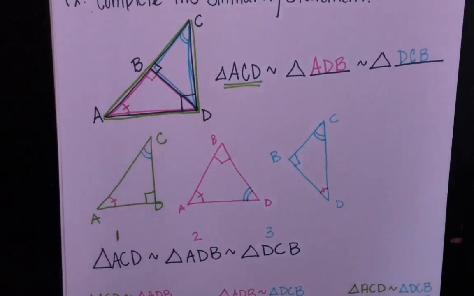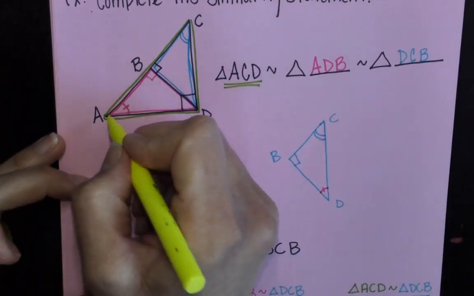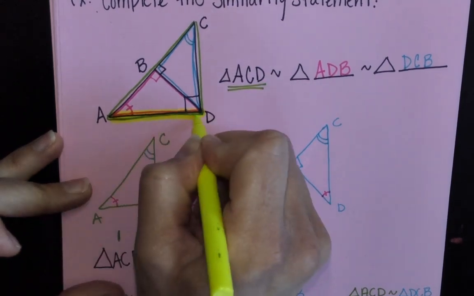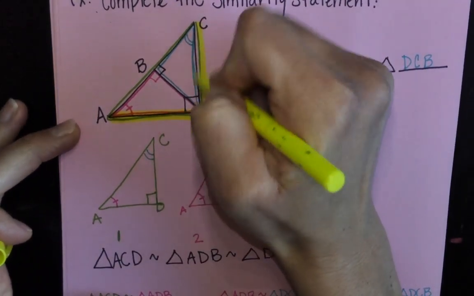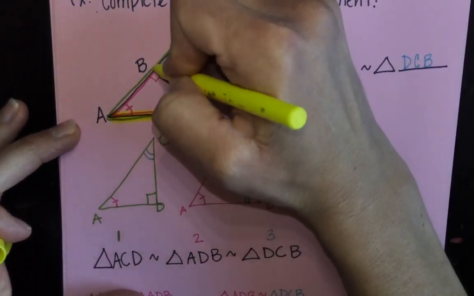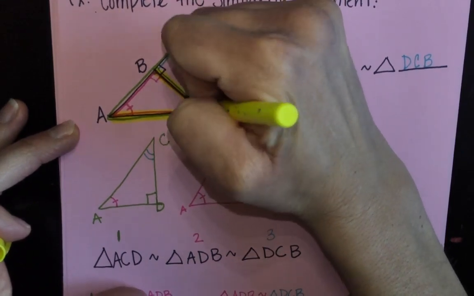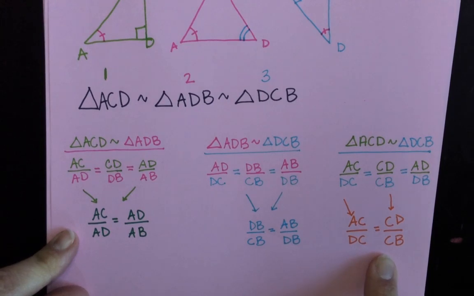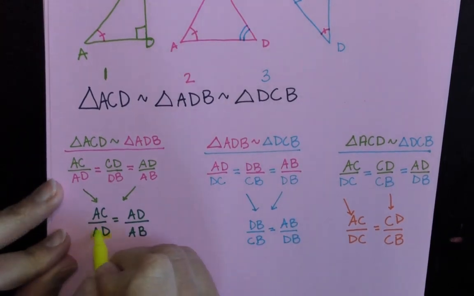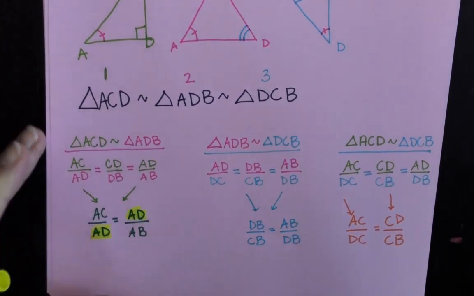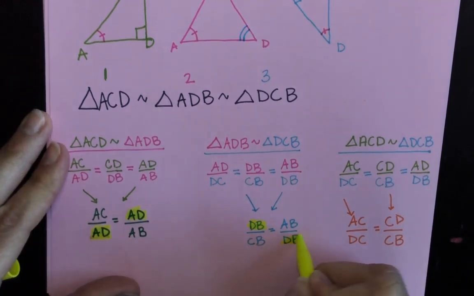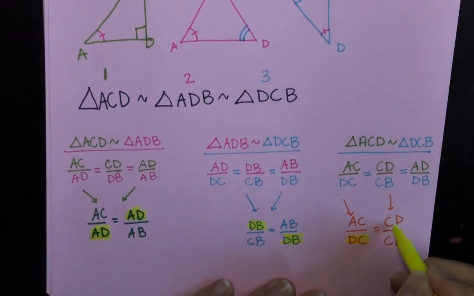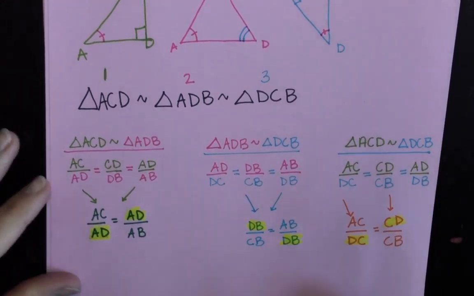being the altitude. So notice what one letter is in common in each of these segments that we now decided get repeated down here. AD was our repeated, DB was our repeated, and over here, DC was our repeated segment.